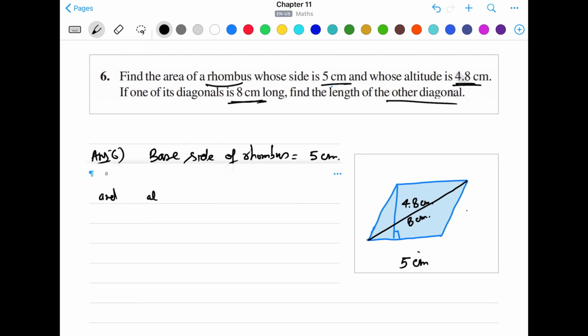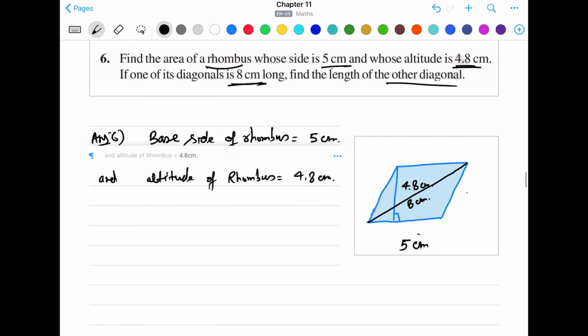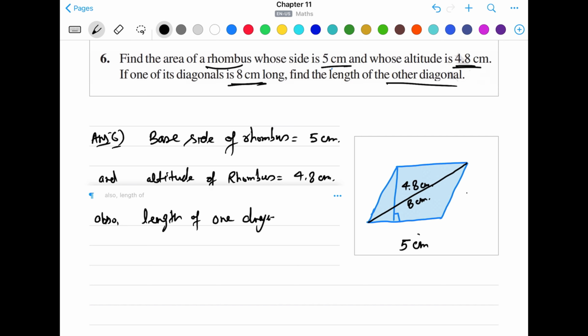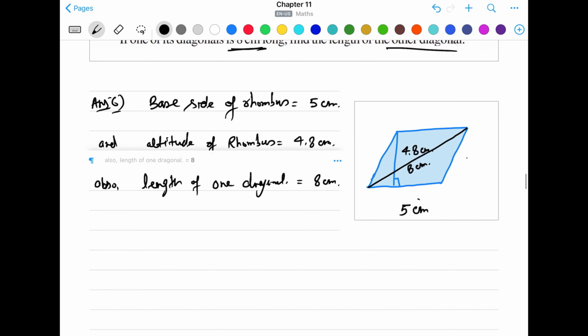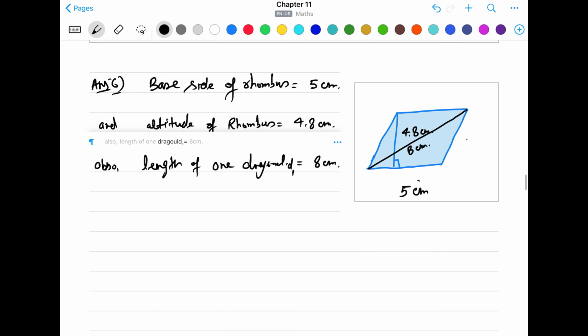Okay, and altitude of rhombus is equals to 4.8 centimeter. Okay, and also we are given one diagonal, or you can say length of one diagonal is equals to 8 centimeter. Okay, and we have to find the length of the other diagonal. Suppose we are given this d1, we are going to find the length of d2.